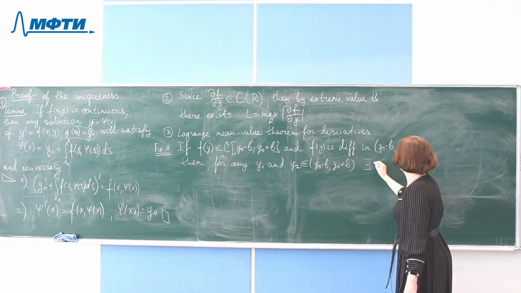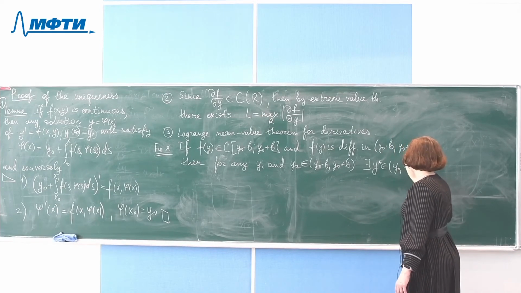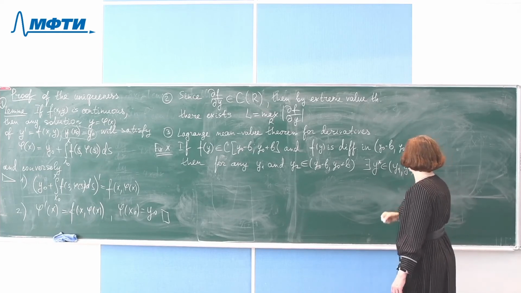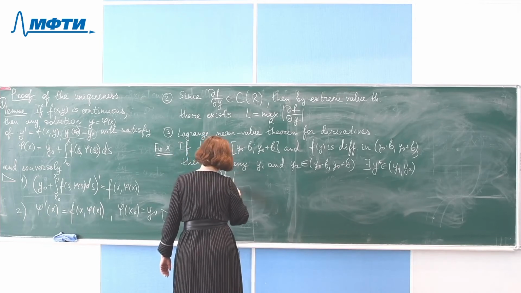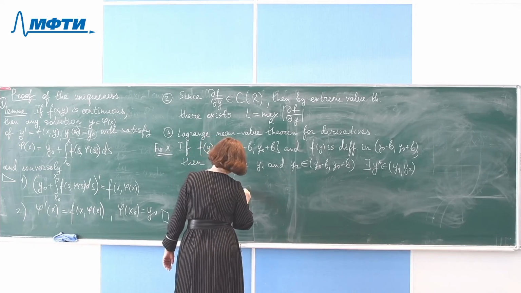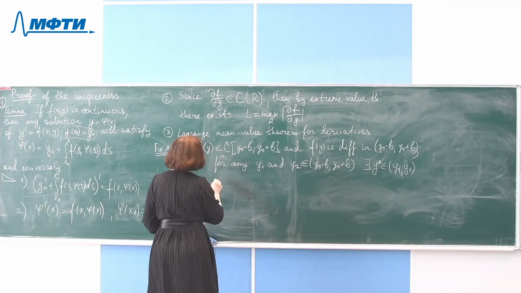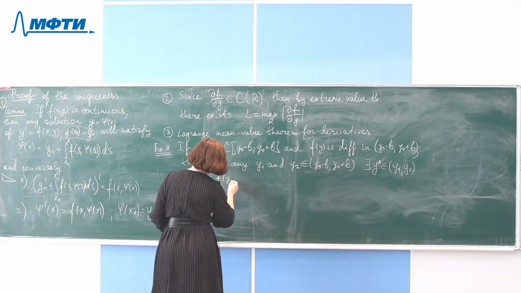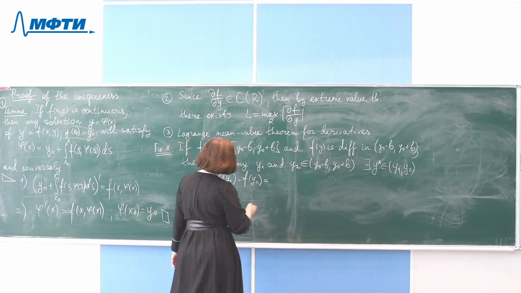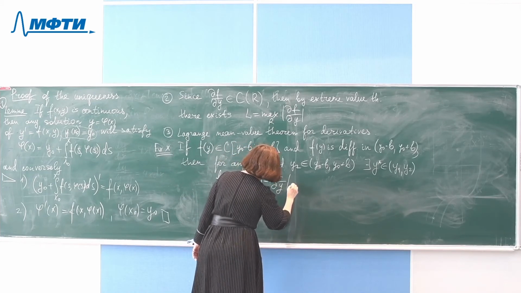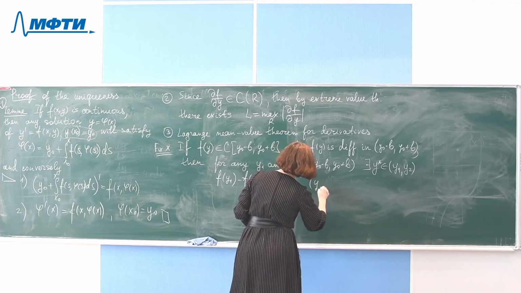there exists a point y asterisk between y1 and y2, such that f of y1 minus f of y2 is equal to the derivative taken at this intermediate point times y1 minus y2.